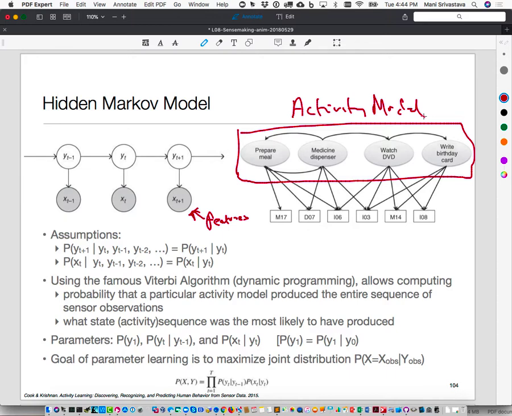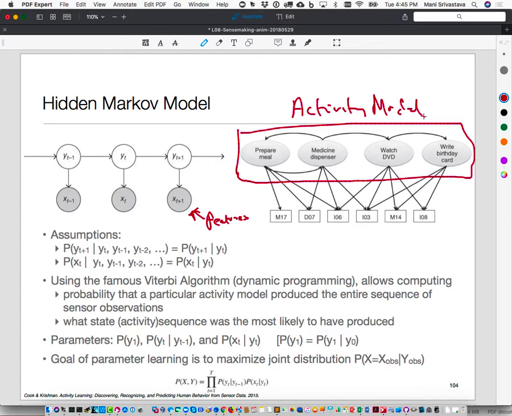Okay, so which sensors are possible? You see again that some of the sensors like I06 can happen with medicine dispenser, prepare meal and watch DVD. I08 on the other hand can only happen with watch DVD and write birthday card, but never happens with medicine dispenser because presumably this person never takes medicine.